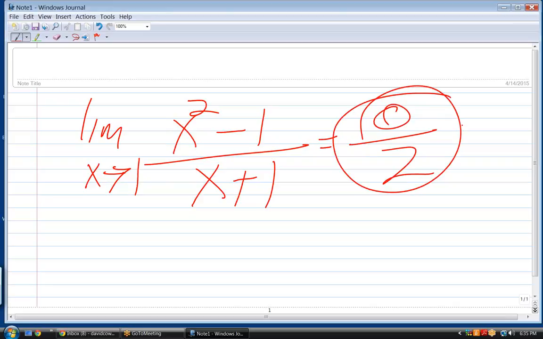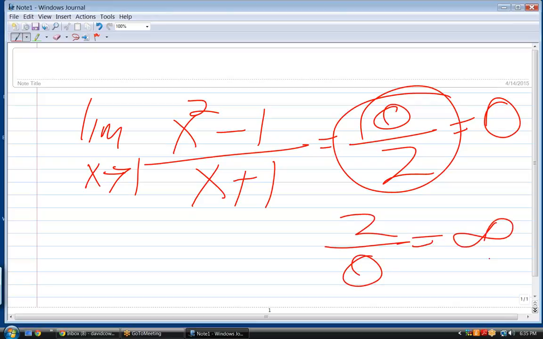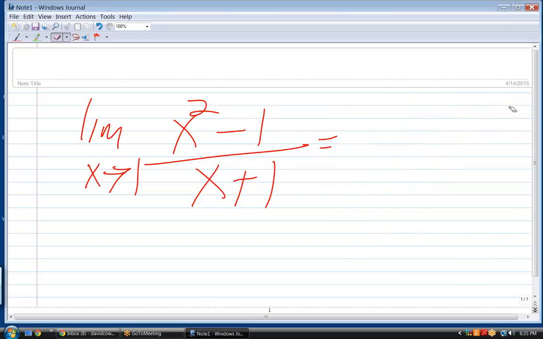Well, the limit of that is 0. So most limit problems can be solved by substitution. If I end up with some number over 0, then that's infinity or undefined. So the only thing that presents any problem whatsoever is when I end up with 0 over 0. So all of the difficult ones they give you are going to be 0 over 0 when you substitute.